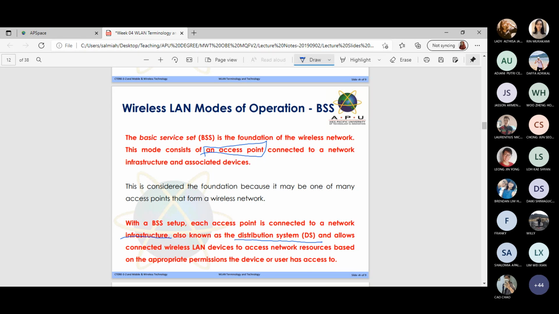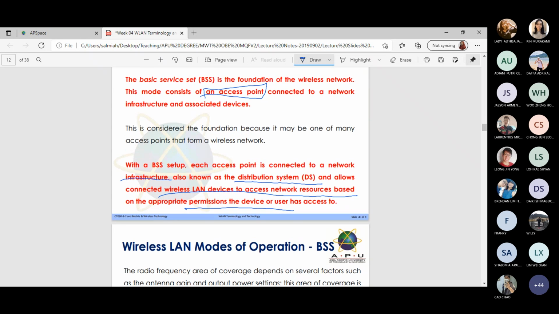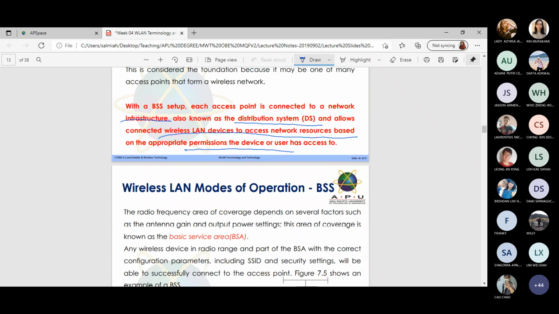The good thing about infrastructure mode and distribution system is that they allow connected wireless devices to access network resources based on permission, meaning there is a certain level of control in place.